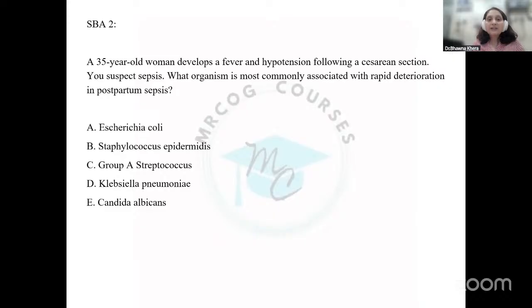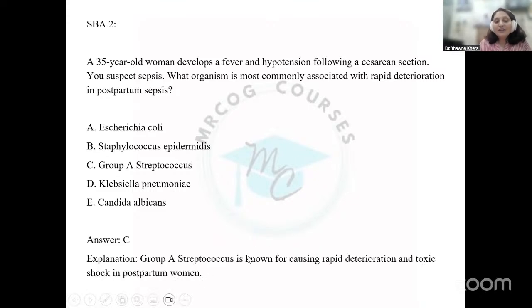You suspect sepsis. Which organism is most likely associated with rapid deterioration in postpartum sepsis? Yes, the rapid deterioration is particularly group A streptococcus, right? It is known for causing rapid deterioration and toxic shock in postpartum women.